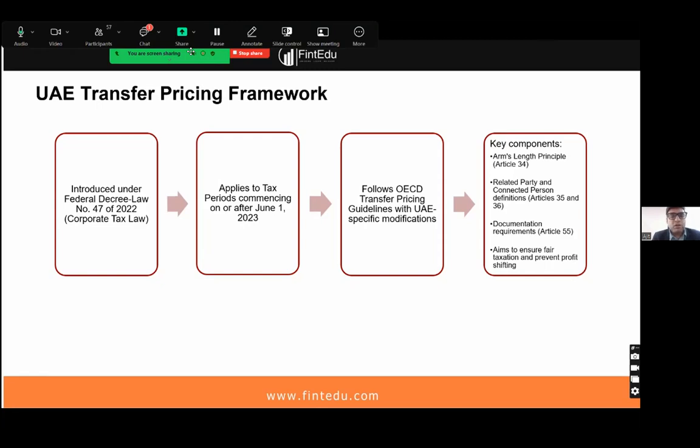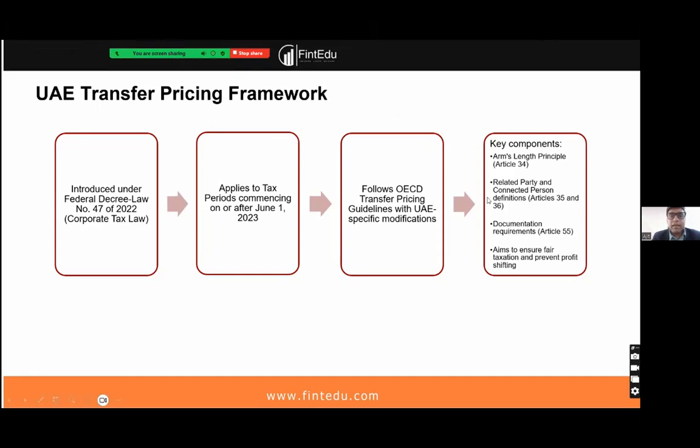When we talk about the key components of the regulations, there's the arm's length principle, and Articles 34, 35 and 36 talking about related party and connected person. Then we have Article 55, which talks about transfer pricing documentation, including the disclosure form. And then over and above, there are transfer pricing guidelines giving guidance on various aspects of the transfer pricing regulations. So this is the broad overview.